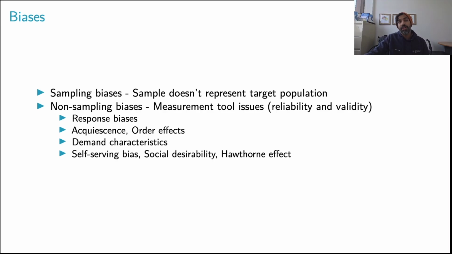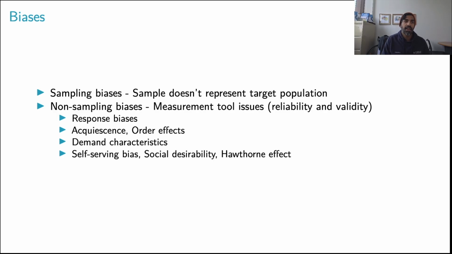And then we also talked about non-sampling biases. So the measurement tool issues for reliability and validity, and these include response biases in terms of how respondents are likely to provide their information, the acquiescence bias and order effects, and how the responses participants provide could vary as a function of whether they're likely to just agree with what's there, or whether the order of questions influences the response people provide.